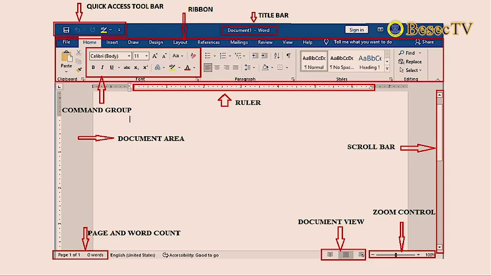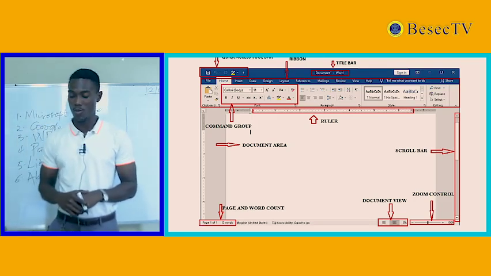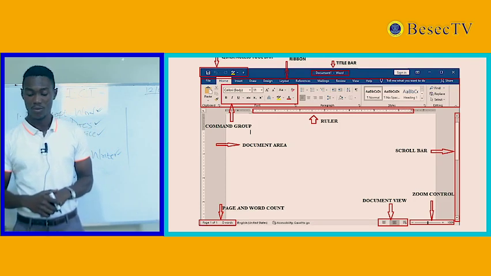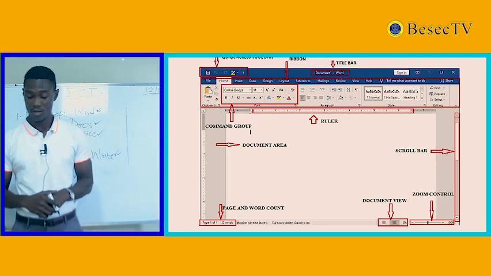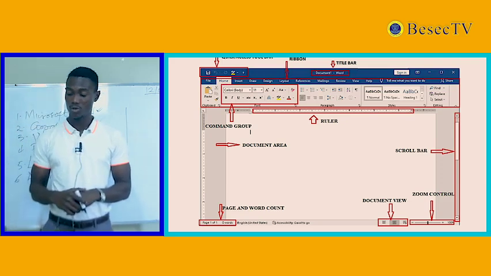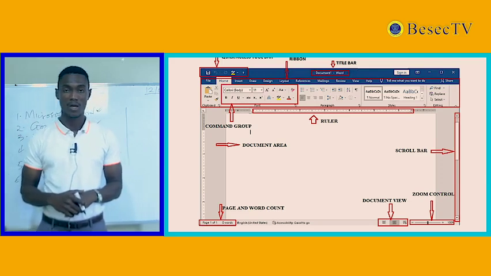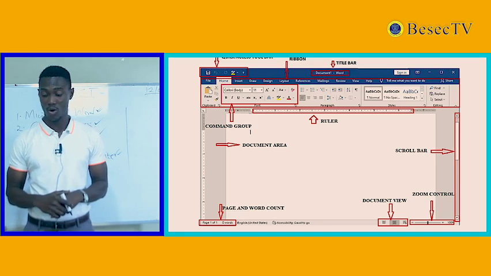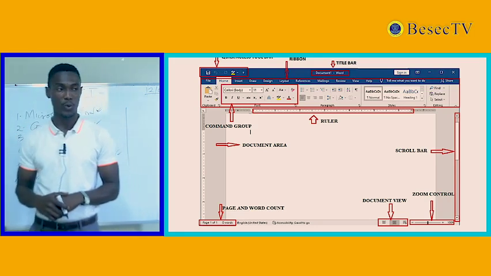Then from there we move on to another section called what? The command group. We also have the ruler, the document area, the scroll bar, then we have the zoom control, document view, page, and word count. These are the parts that you can see on the currently displayed interface of the Microsoft Word window.